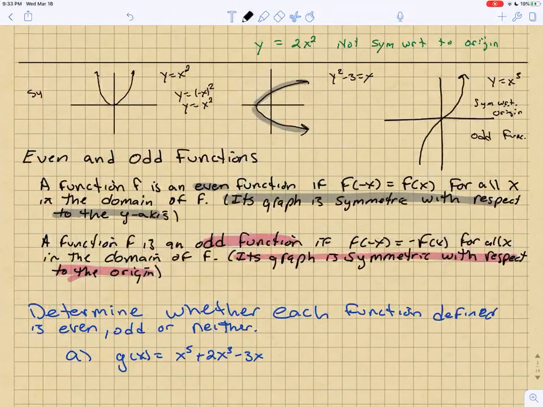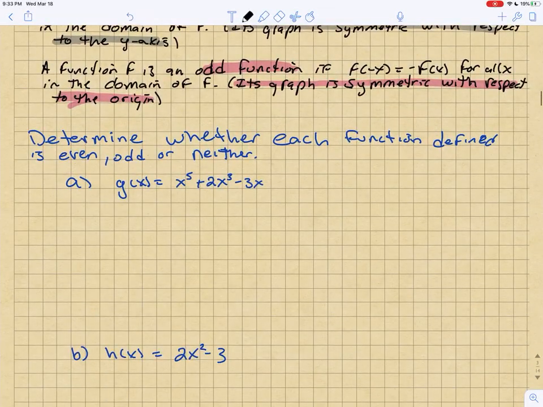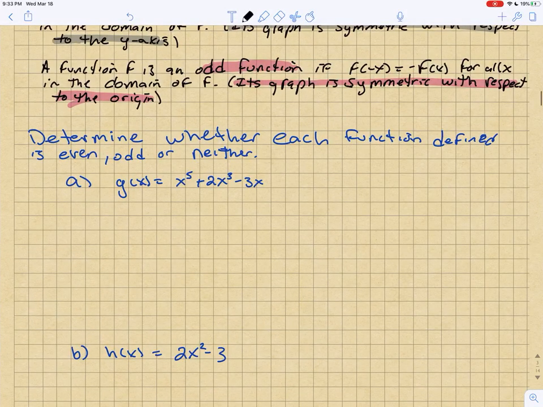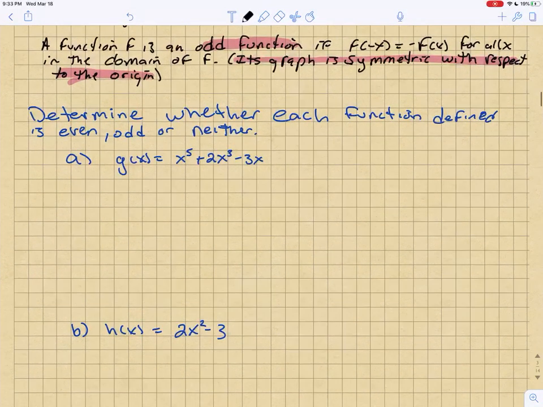Not only is this symmetric with respect to the y-axis, it's an even function. Okay? So we want to determine whether each function defined is even, odd, or neither.